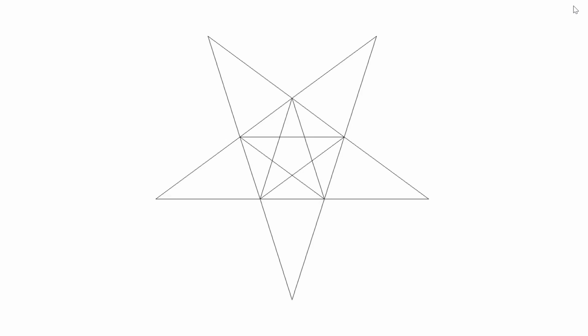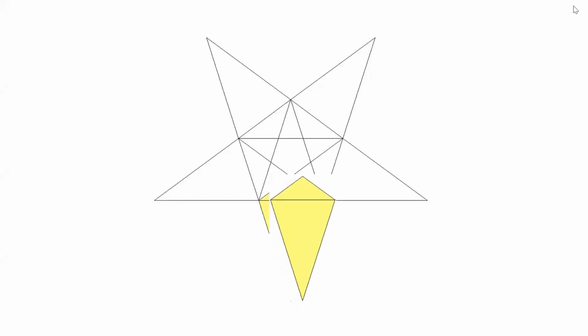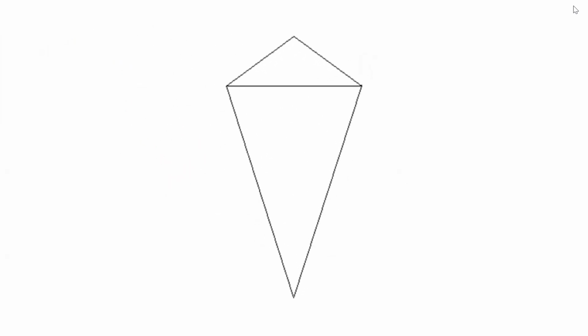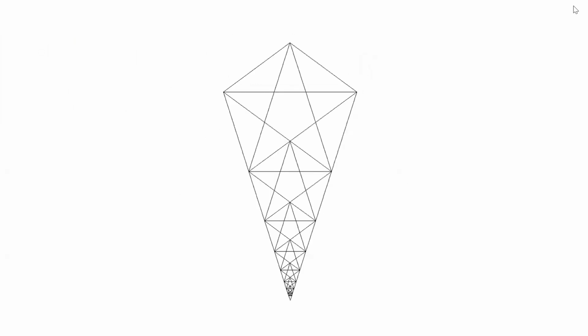Now, if I take this outer star and I just take one of the stellations or legs and take it off to the next slide, we can see that if we then draw the biggest pentagon we can at the top and draw a star inside it, you can actually get smaller and smaller pentagons and therefore smaller and smaller stars, which kind of zoom into that vertex at the bottom. And again, the golden proportion ratio is very evident here as well.